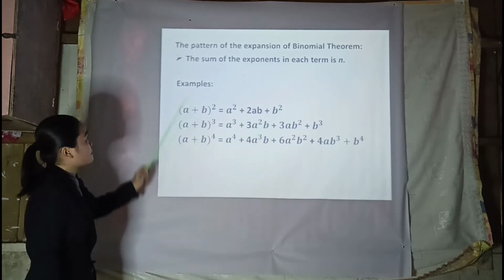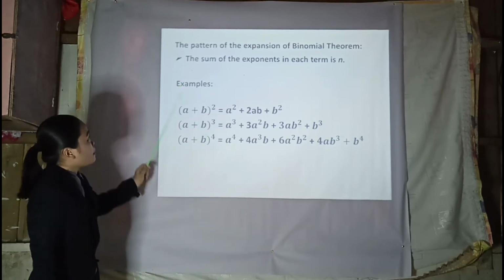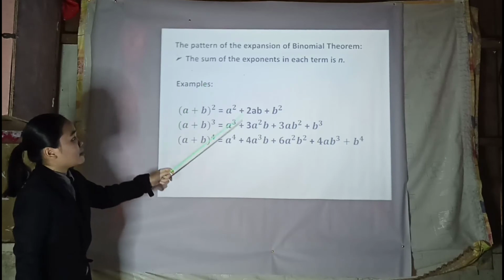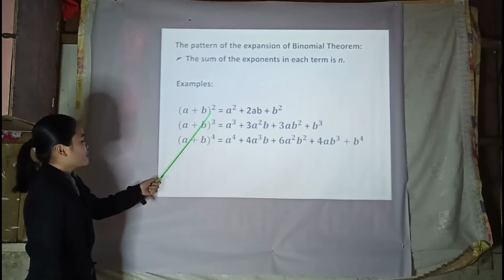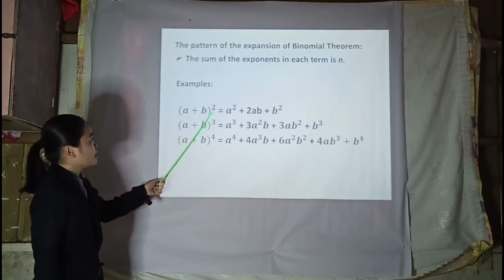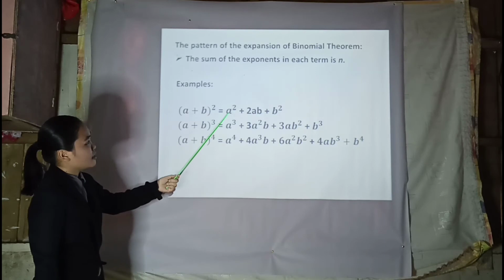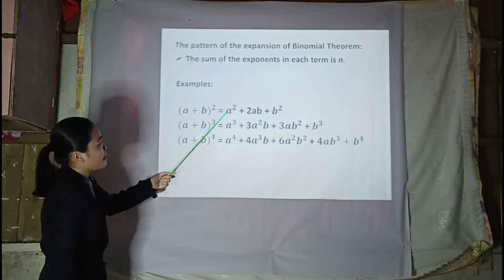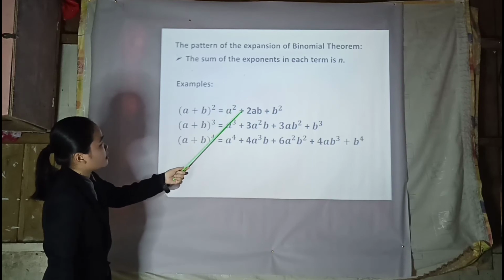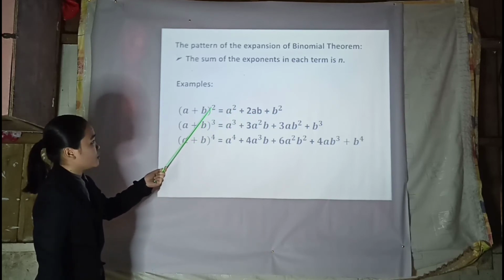As you notice from the pattern of the binomial expansion, the sum of the exponents is n. Since in our first example the exponent is 2, the answer is a squared plus 2ab plus b squared. The sum of each exponent represents the n, which is 2.